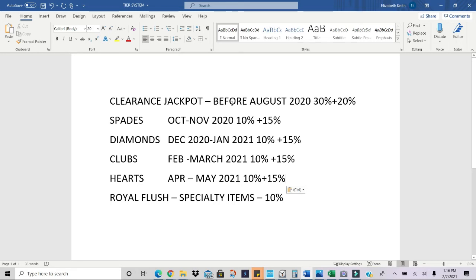If they like an item that was listed before August 2020, I go ahead and offer them a 50% discount because that's how much I would take on eBay. So I always have this pulled up when I am looking at activity in my Poshmark closet.